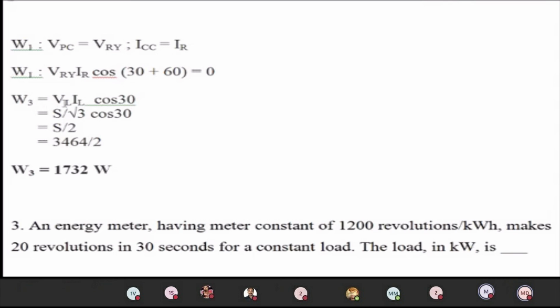So S by root 3 cos 30. If we substitute the value for cos 30, we will get S by 2. So the wattmeter 3 reading will be S by 2, where S is given as 3464 in the question. So divided by 2, we get W3 equal to 1732 watts.